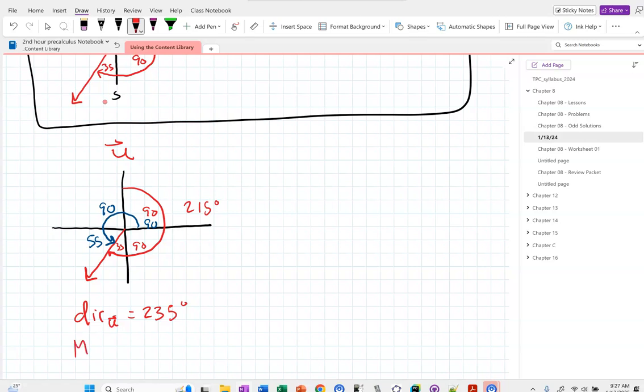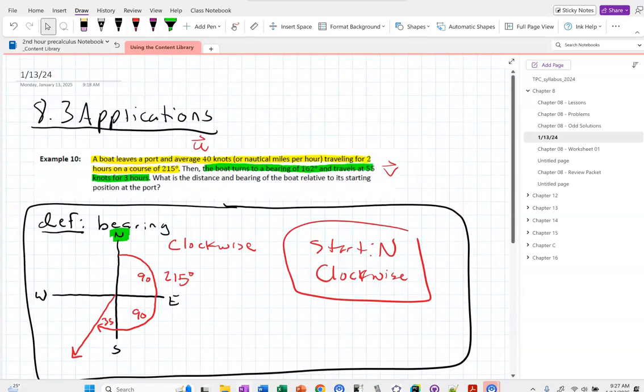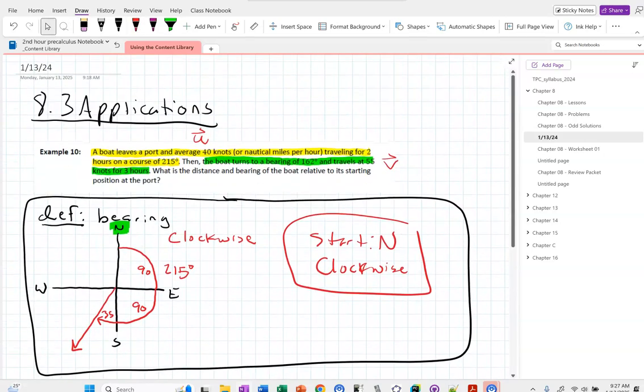Now I want to come up with the magnitude. The magnitude is basically how far the boat went. So we're going 40 miles per hour for 2 hours.